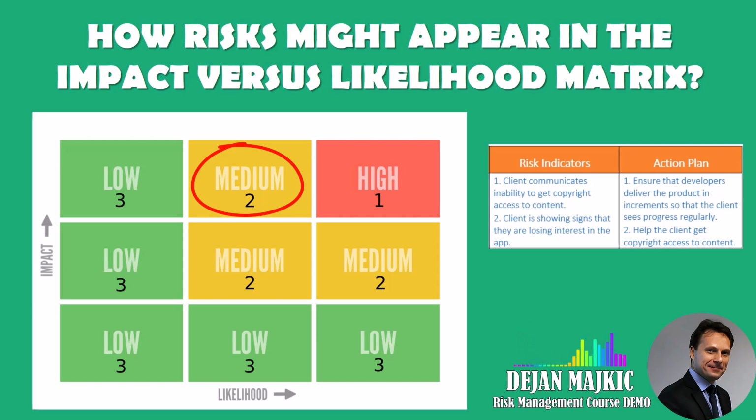So appropriate action for this risk might be that you ensure that your developers deliver the product in sprints so that the client sees progress from your side. Another potential action item here is to settle any financials on the project appropriately and get a guarantee that you will be compensated for the work done.